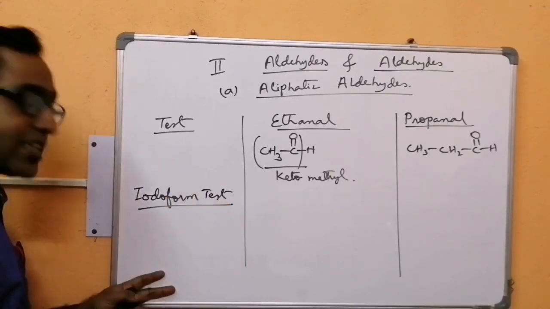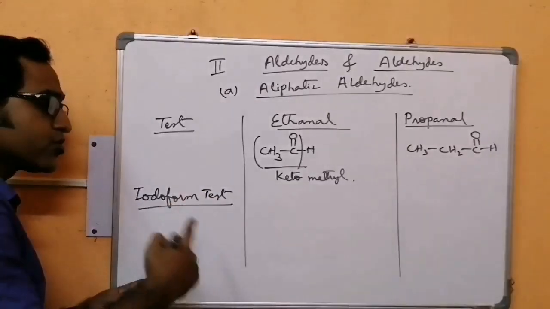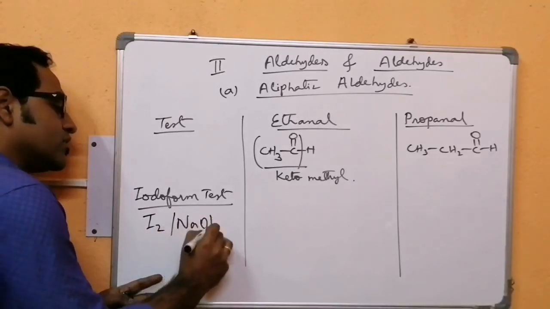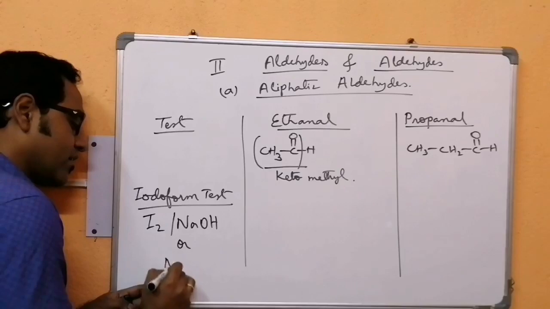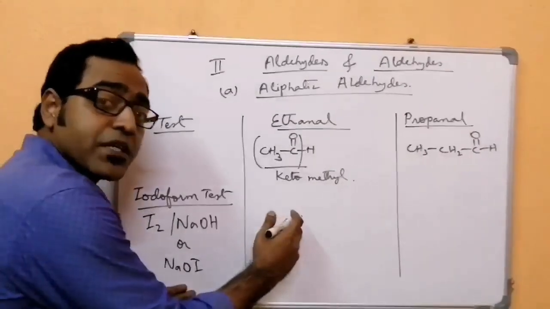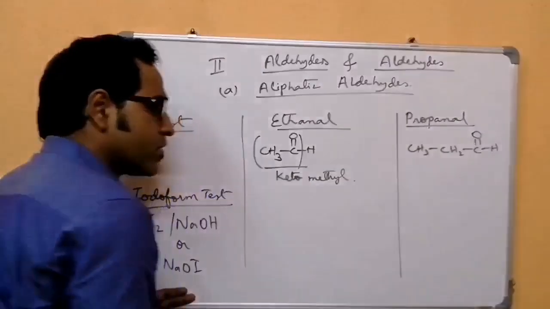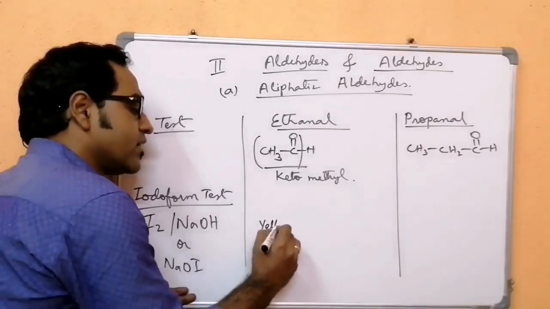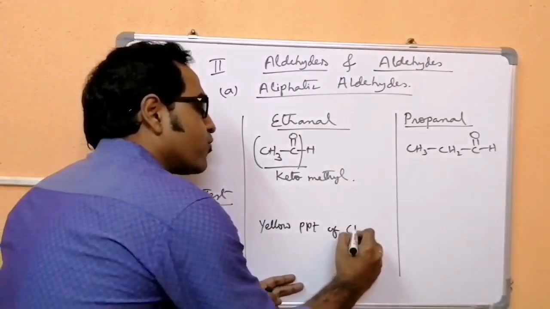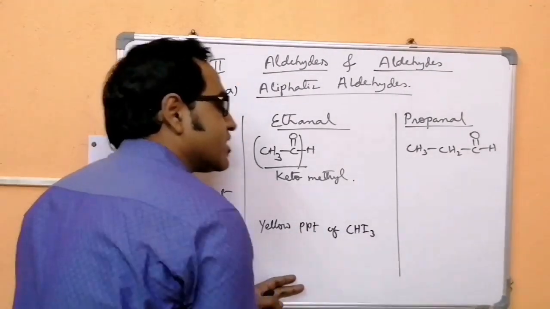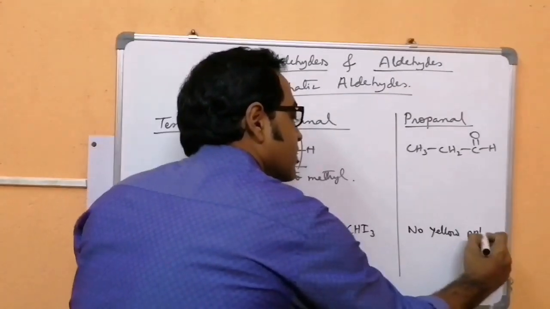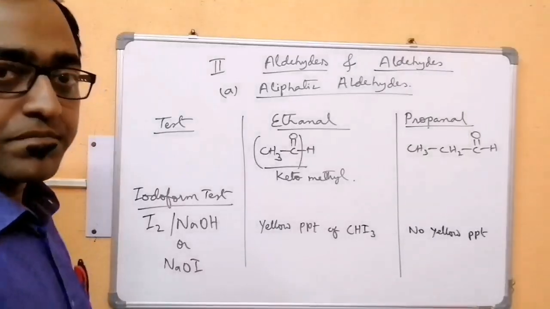The first thing. Second, the reagent used for the iodoform test is I2/NaOH, or you can write NaOI. What is being observed for this compound and this compound? Here we will get a yellow precipitate of iodoform, that is CHI3. No yellow precipitate.